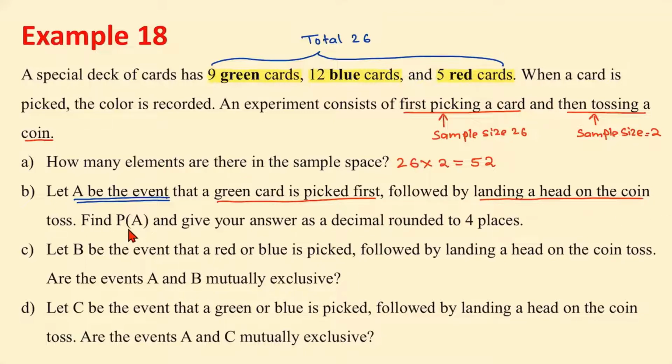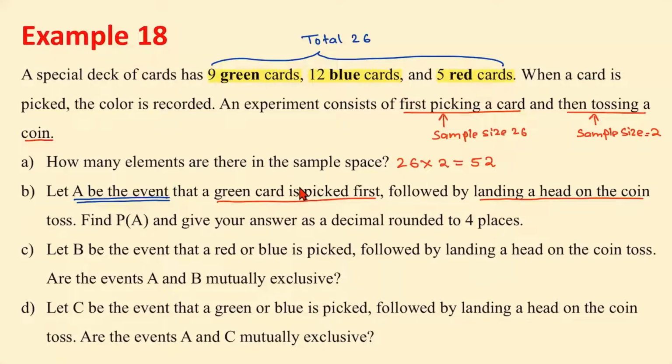Find P(A). We have to find the probability of getting A, and we have to write the answer to 4 decimal places. So it is the probability of getting green on the card, and then landing on head.